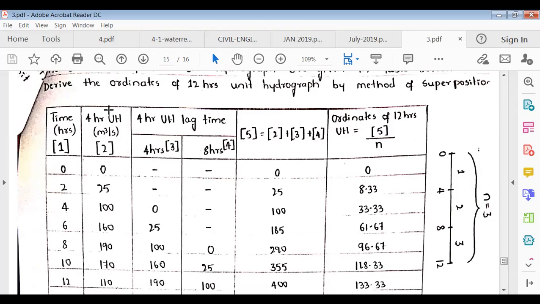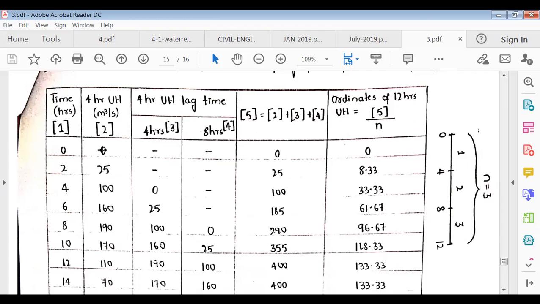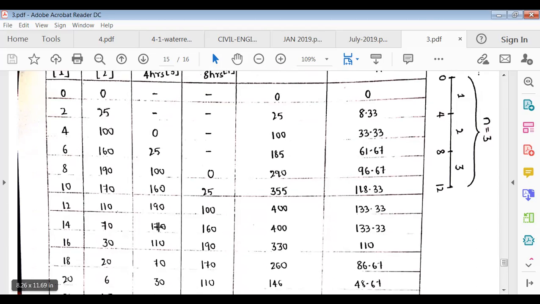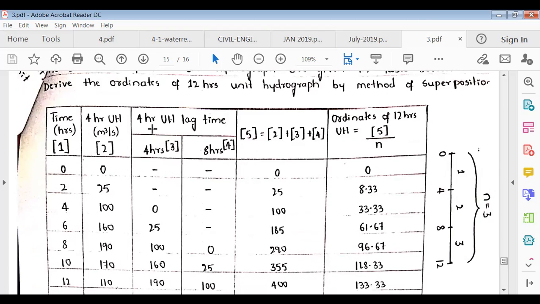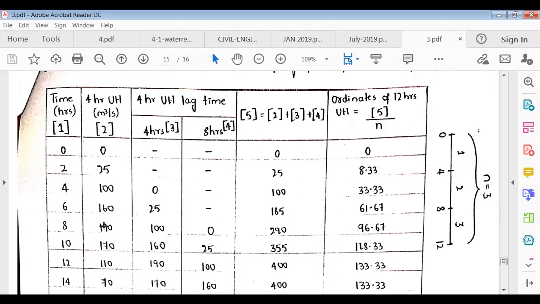Now we already know 4-hour unit hydrograph, so we have written here. Okay, next, the third column, you can check this out. So it is 4-hour unit hydrograph lag time. Okay, so there is a lag, so the lag is by 4 hours. Now because it is by 4 hours, the same values, the 4-hour unit hydrograph values, we'll be writing from the 4th hour, because there is already a 4-hour lag.